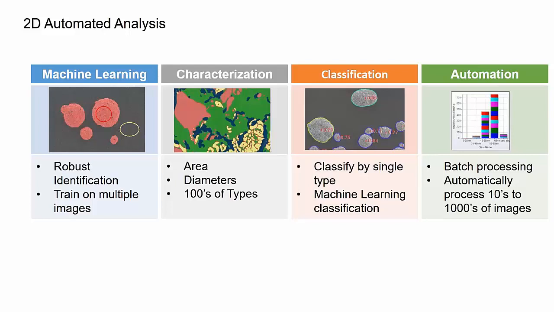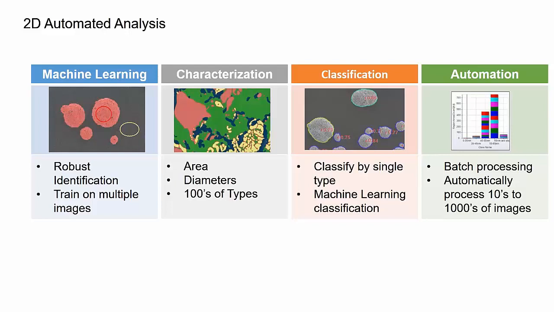In this case, you can use machine learning to create a feature called learning classification, training the software to recognize these different categories, which would not be possible to do by a single parameter, single measurement type. So again, this is a sophisticated machine learning approach to simplify your classification and make it very robust. Again, you can train off of multiple images to generate that recipe to classify your objects of interest.